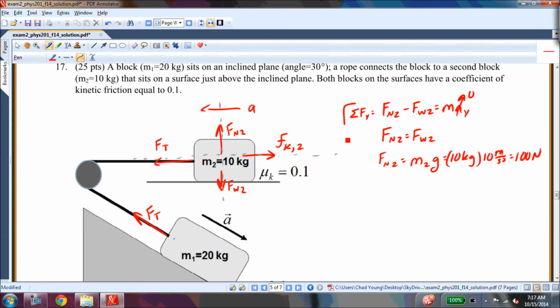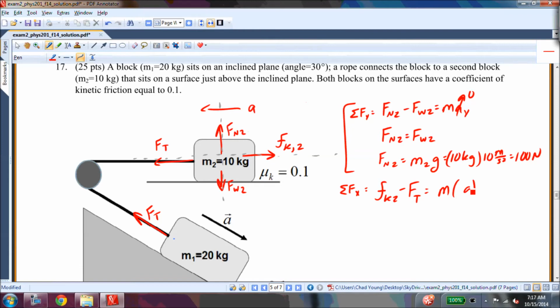Now let's go ahead and do the sum of the forces in the x direction. See what we get there. I have Fk2 in the positive x direction, minus Ft equals M times A. I have to be careful here.